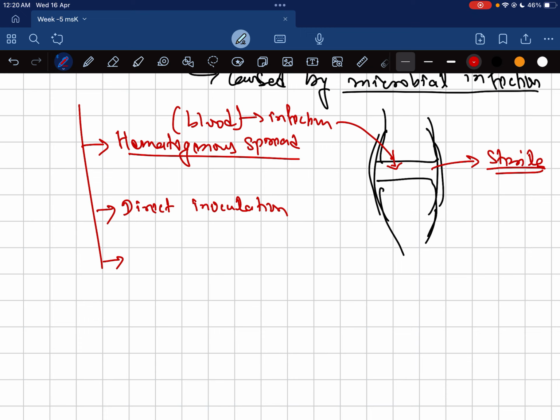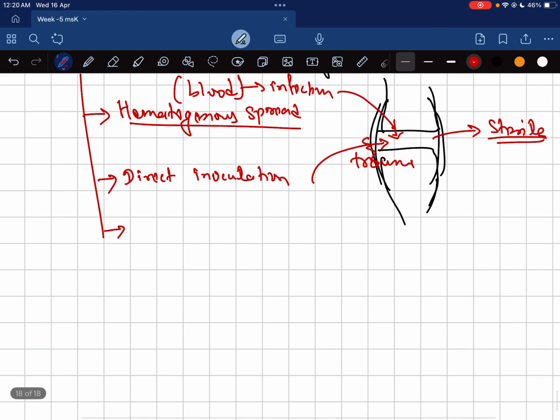If there is injury or any trauma, that leads the organism to come inside the joints. Another one is contiguous spread, like osteomyelitis.